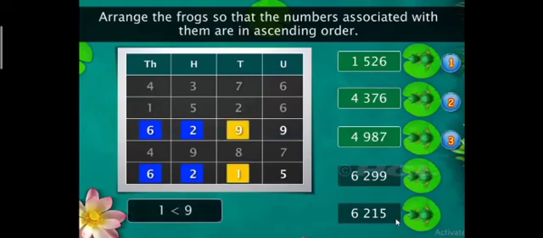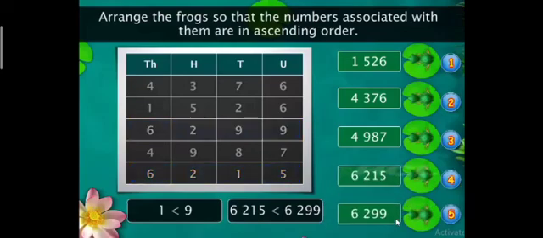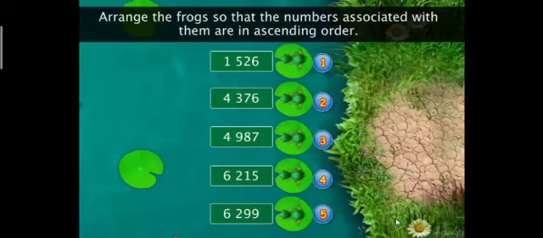Now 1 is smaller than 9, so 6215 will be smaller than 6299. So we will have 6215 at fourth place and 6299 at fifth place.